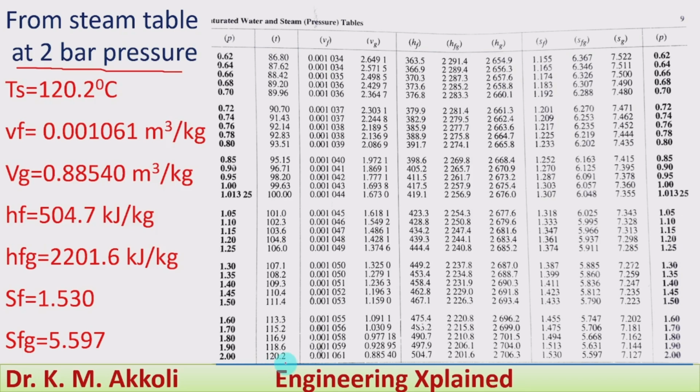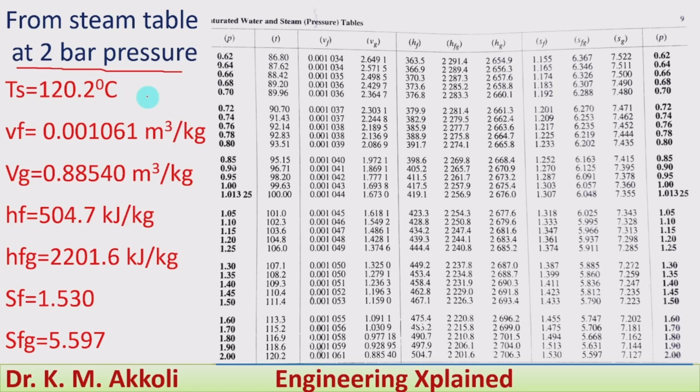For that, the saturation temperature of the steam is 120 degrees Celsius, and Vf we have taken 0.001061, Vg 0.88540, hf 504.7, hfg 2201.6, and to find the entropy we need to take sf 1.530 and sfg 5.597. These are the properties of the steam that we have taken.